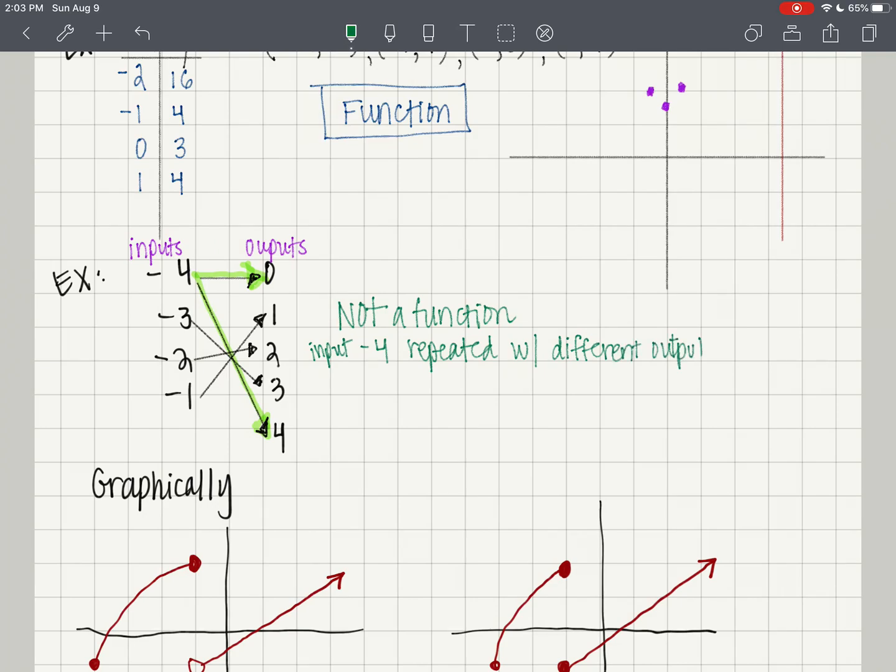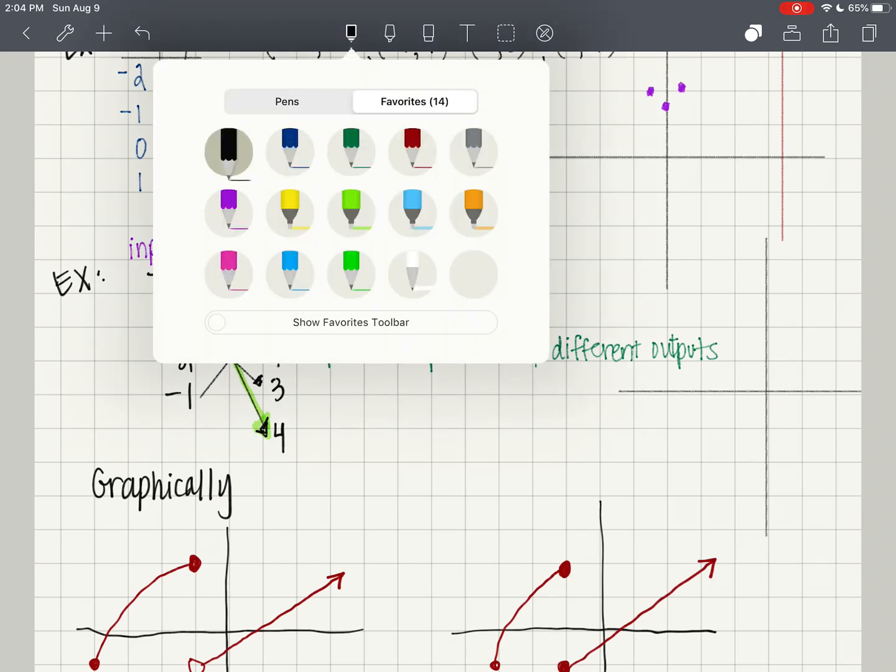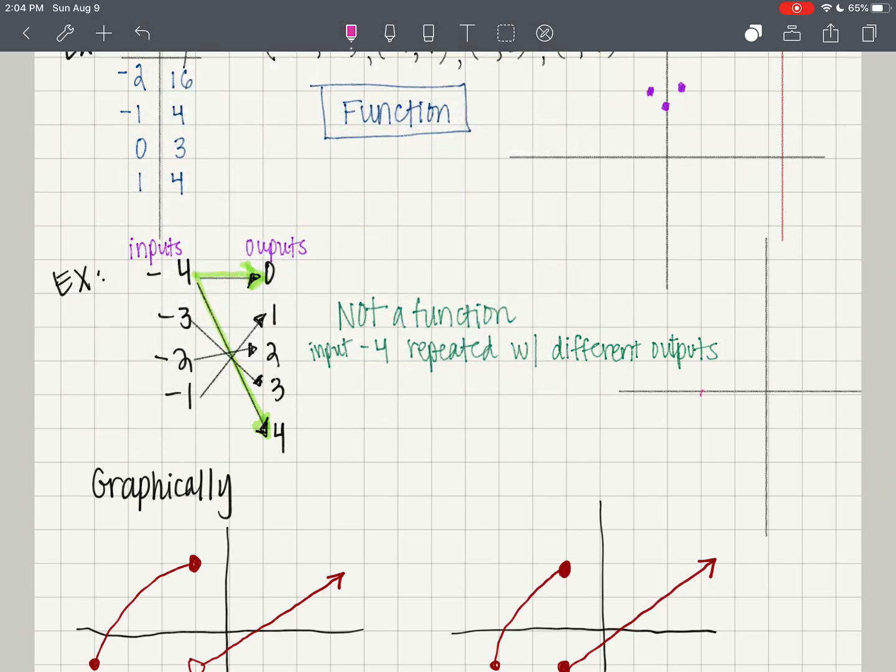And if I were to try to graph this, a quick graph, let's use pink: -4, 0, -3, 1, -2, 2, -1, 1, but then there was also -4, 4, right? 1, 2, 3, 4, right there, negative 4, 4.